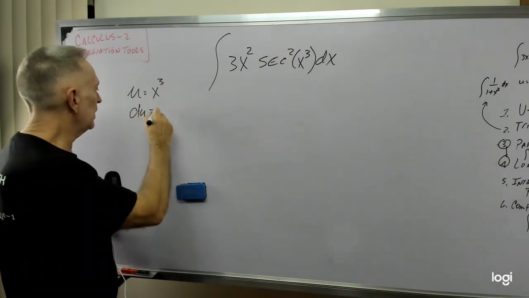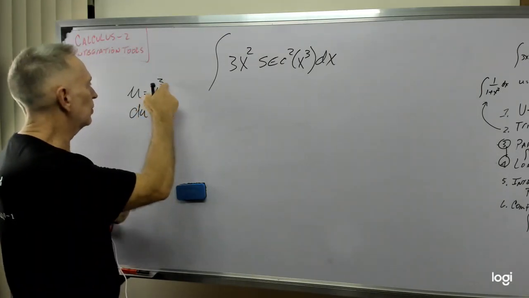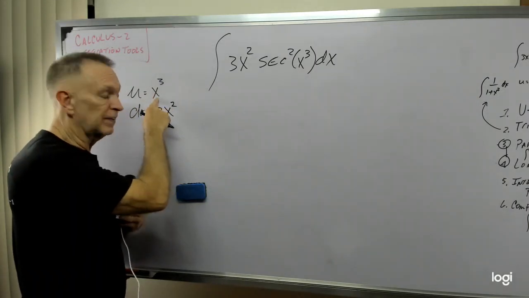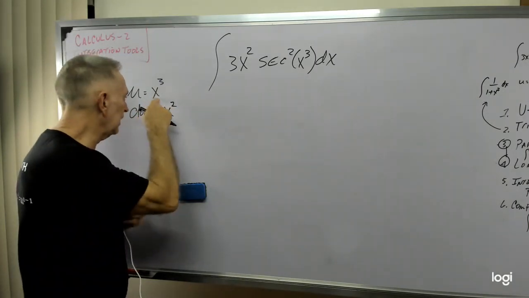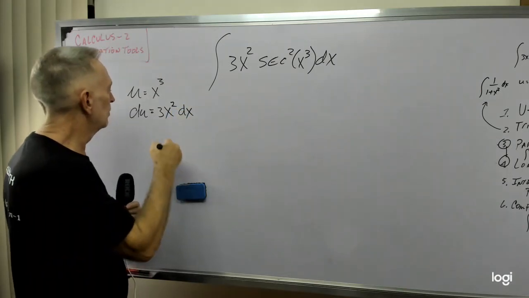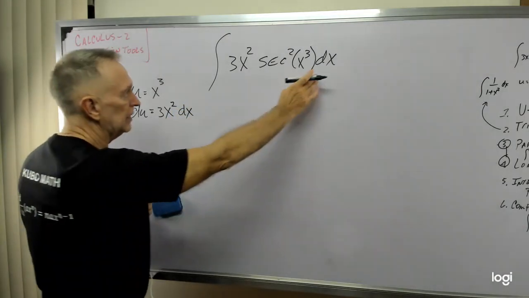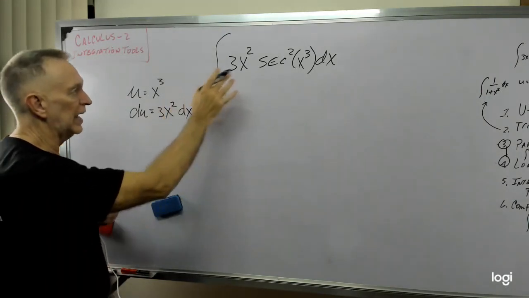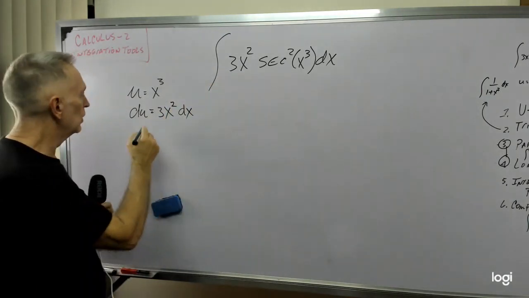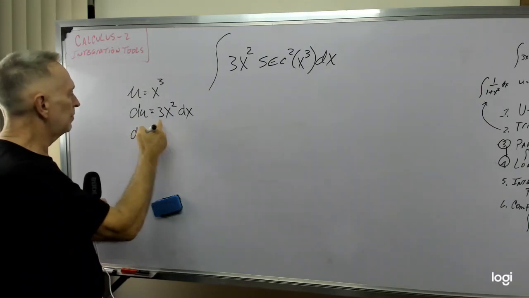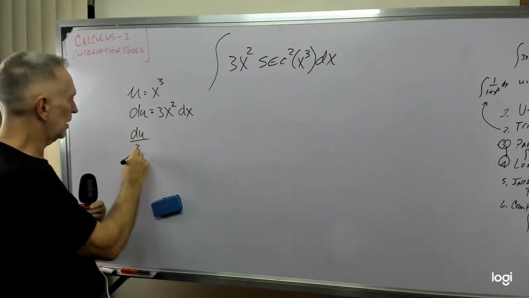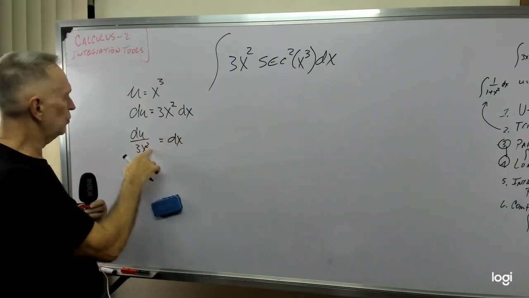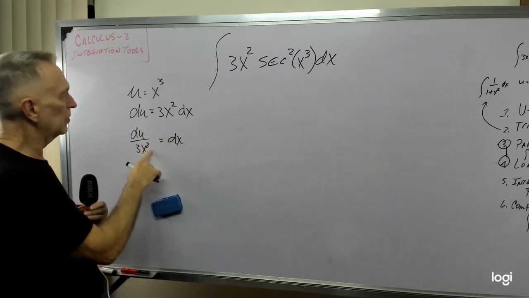So bring the 3 down, x to the 3 minus 1, which is 2, times the derivative of x. We're looking at the inside, so that's dx. Now I have a dx here, and I want to replace these things and go from the x world to the u world. So let me divide both sides by 3x squared. So dx equals du over 3x to the second power.